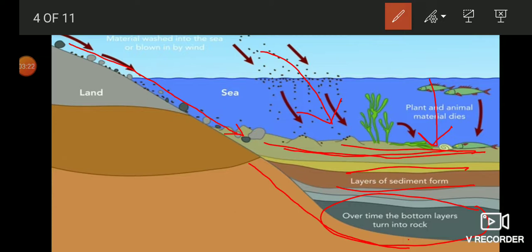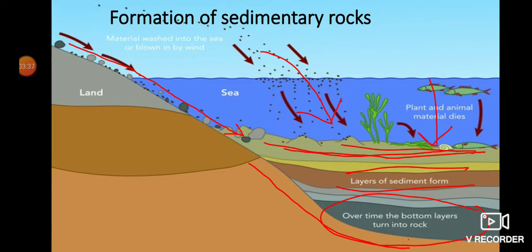The colors of the sediments also get changed by the chemical reaction and by the action of temperature and pressure. So students, I think you understood how sedimentary rocks are formed.